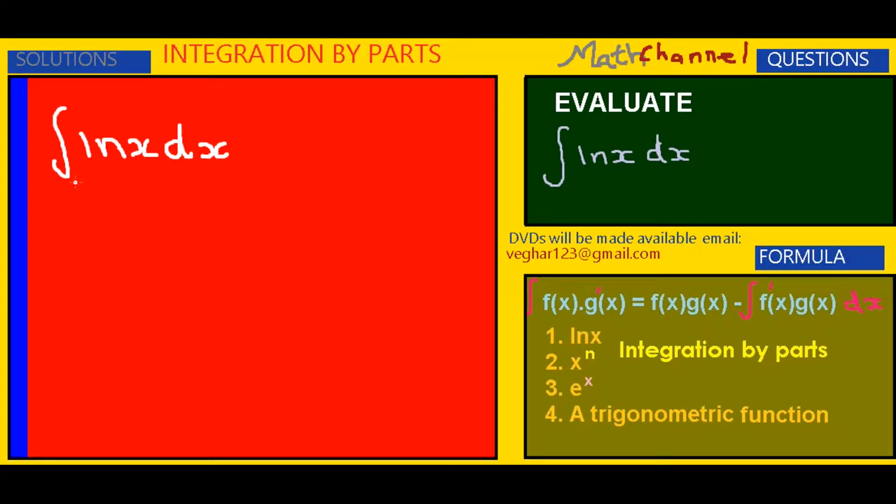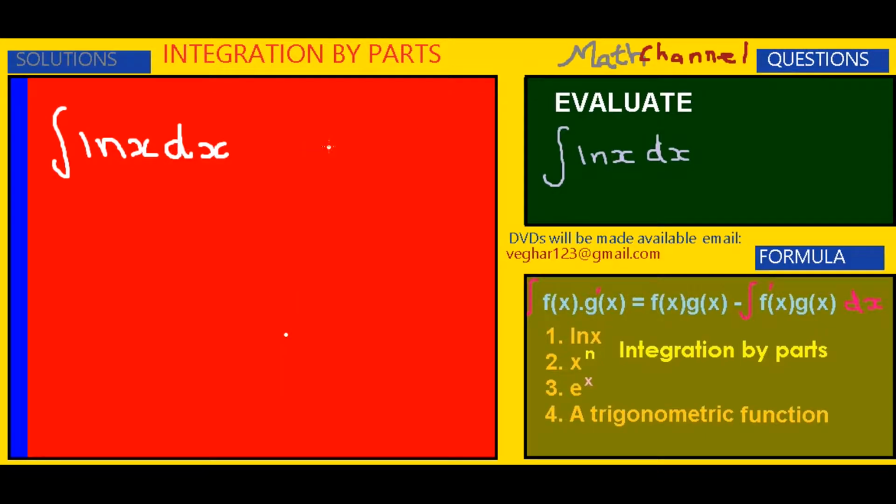So what do we do? Because 1 is not in the priority list, which one is 1, which one is not 1?